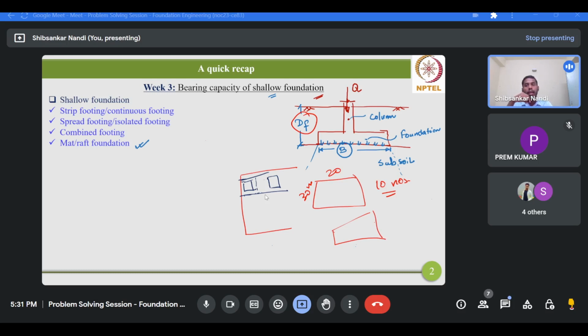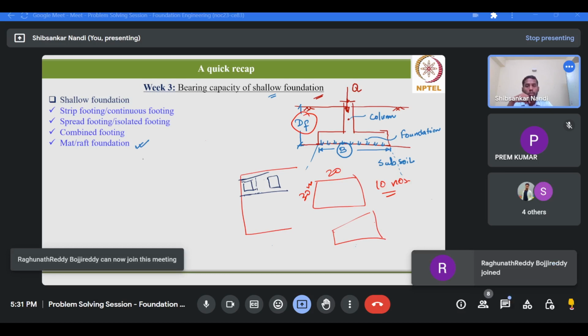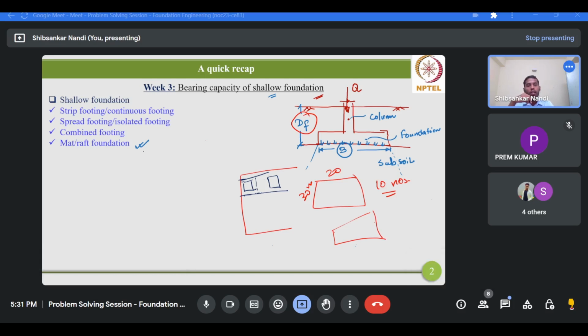So instead of that, the construction of mat or raft foundation will come into picture in that case. So instead of one isolated or combined footing, there will be a continuous slab, and that slab will basically support all the footings, all the columns in that superstructure.